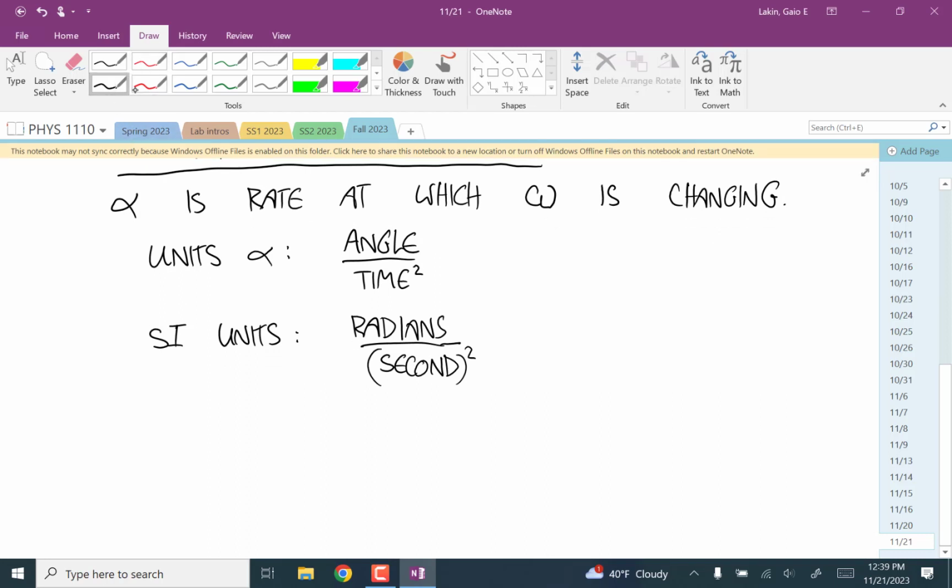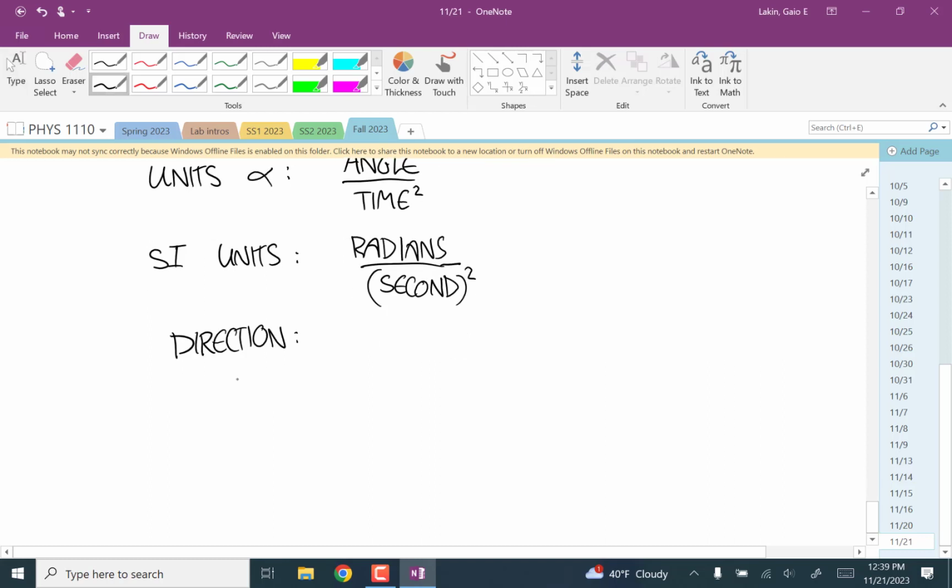Just like with angular velocity, the direction of the angular acceleration is positive if the angular acceleration is counterclockwise, and negative if the angular acceleration is clockwise.